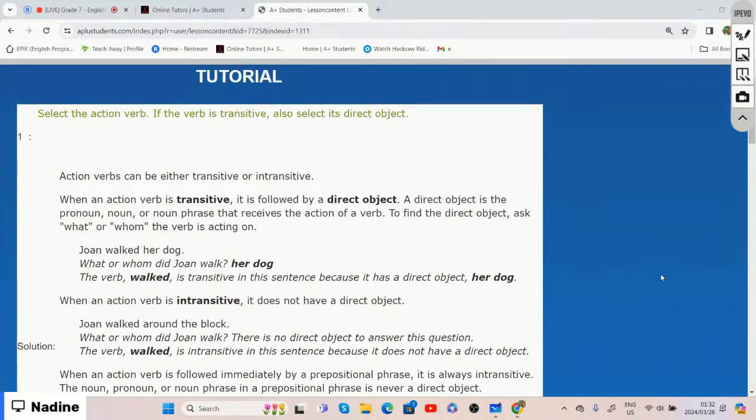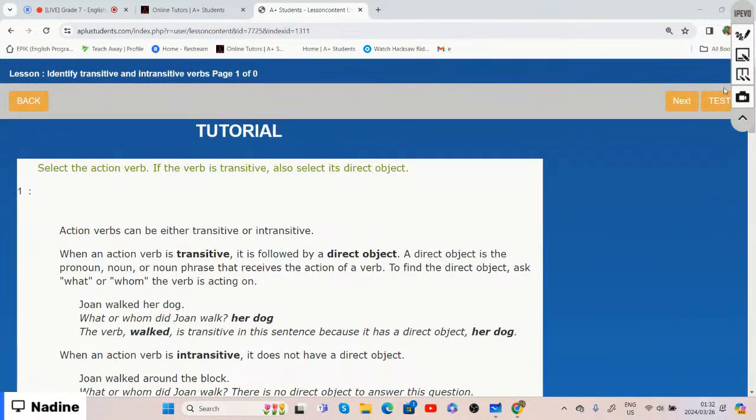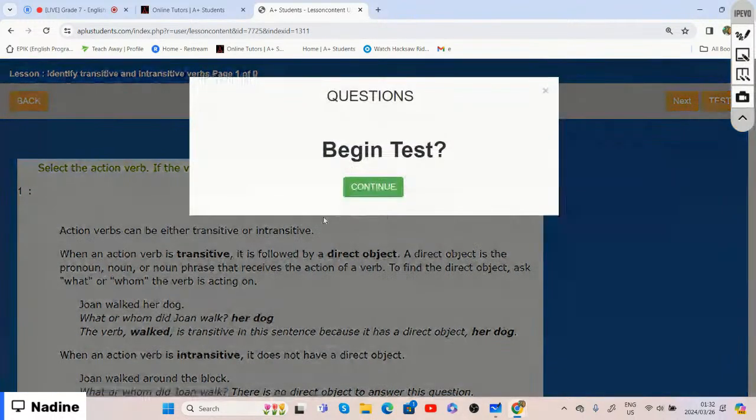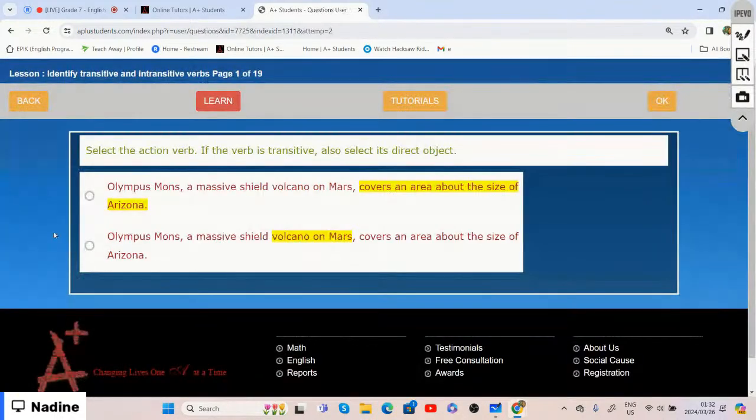All right, so let's go to our test. Now we are going to see if these words in bold are either transitive or intransitive. They're saying select the action verb. If the verb is transitive, also select the direct object.